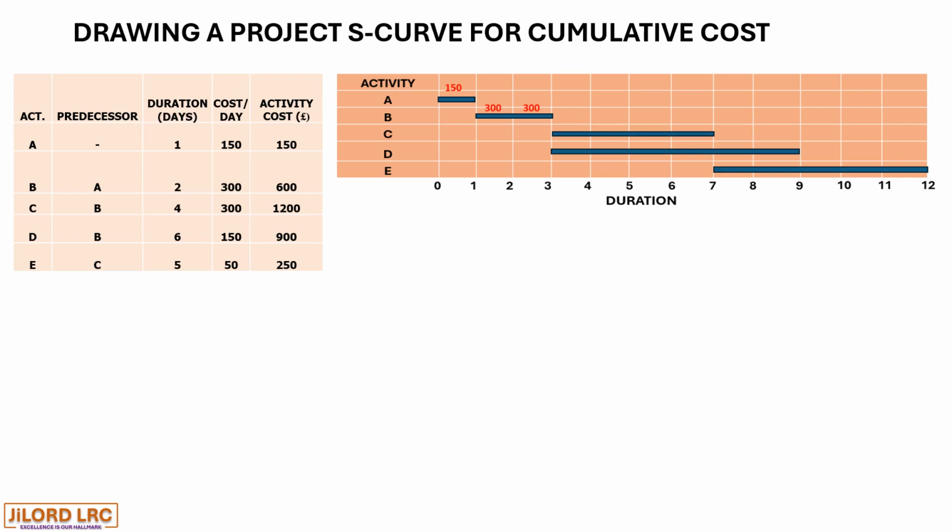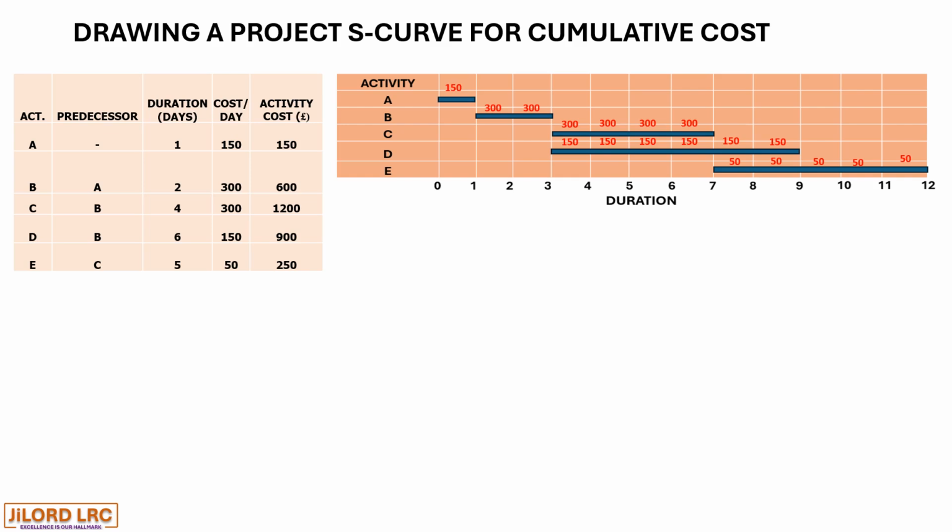For activity C, we have 300 each day for 4 days, giving us 1,200. For activity D, we have a daily cost of 150 for 6 days, giving us 900. And lastly, we have activity E with a daily cost of 50 for 5 days, giving us 250 in total.